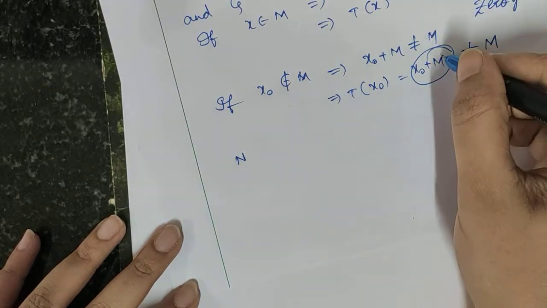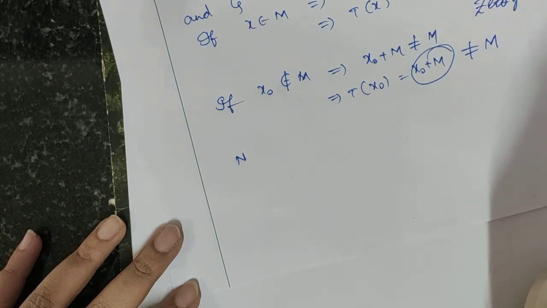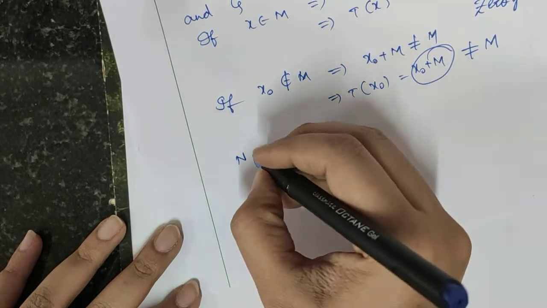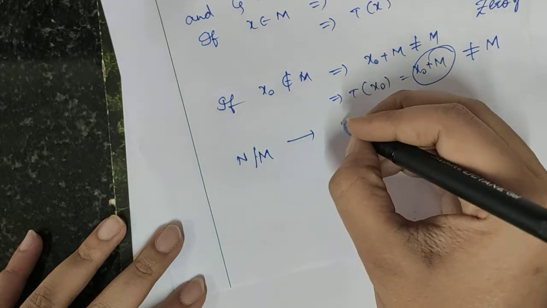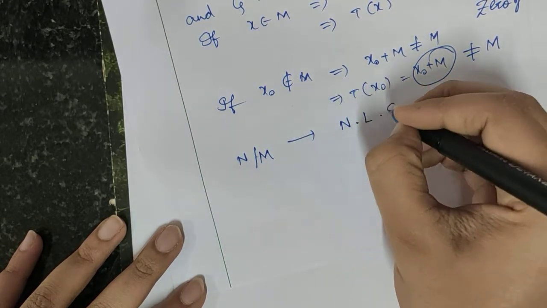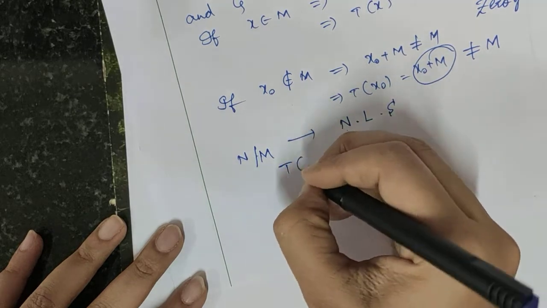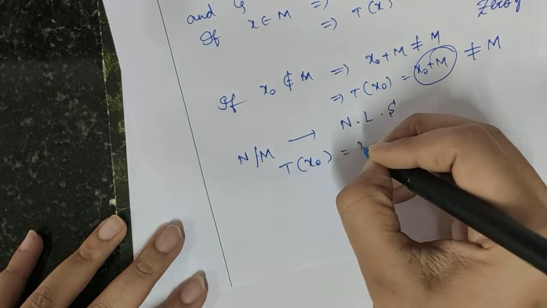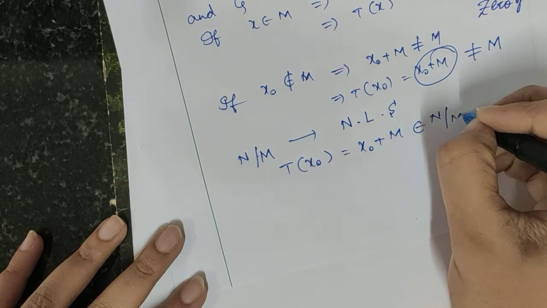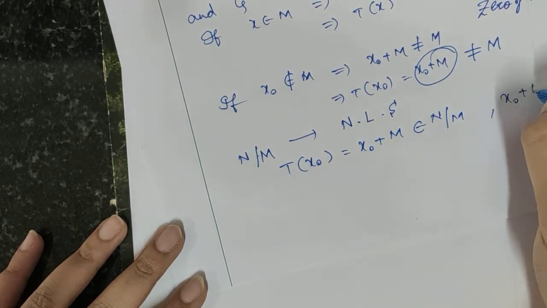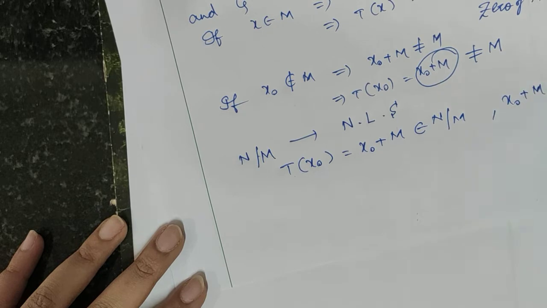This x naught plus M belongs to N by M. So we can say that N by M is a normed linear space, and T of x naught is equal to x naught plus M, which belongs to N by M, where x naught plus M is not equal to 0.